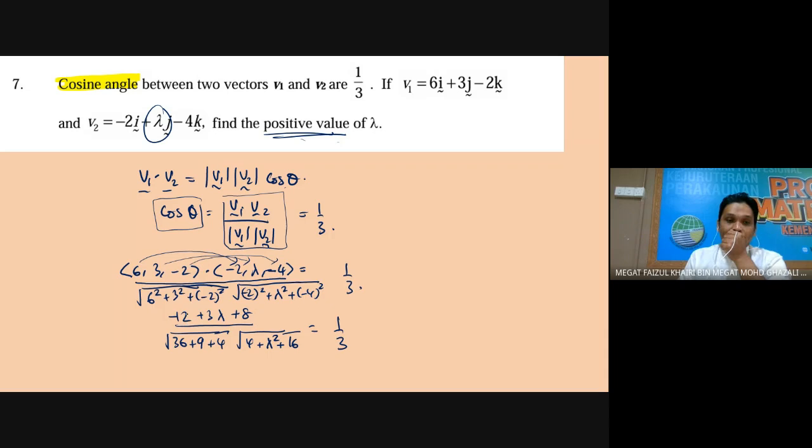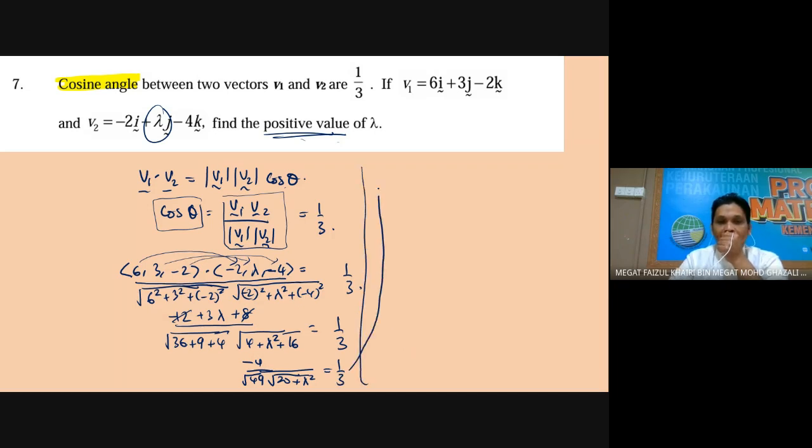Okay, so negative 12 plus 8, negative 4. This one: 36 plus 4, 40, plus 9, square root of 49. And 4 plus 16, 20, plus lambda squared, equals 1 third.